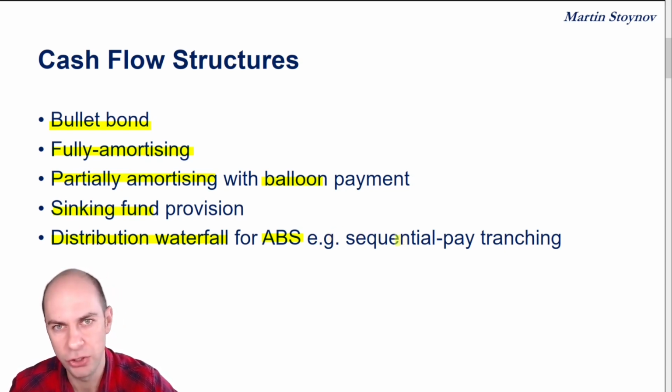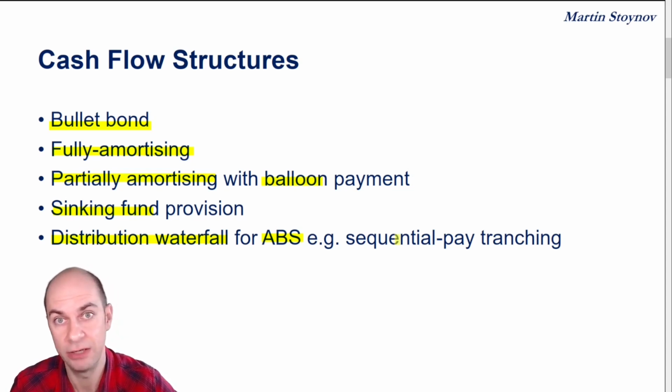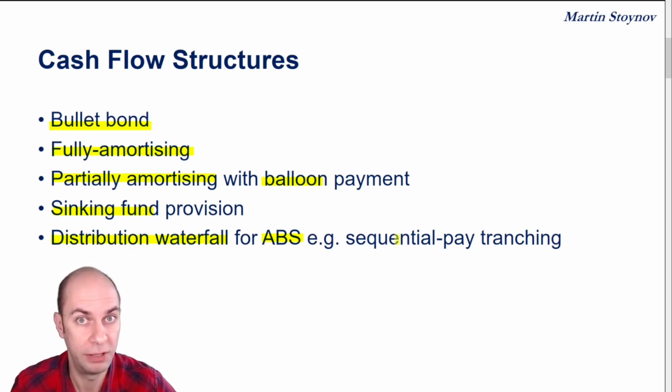I don't want to digress too much and cover that here because it's not a focal point of this reading, but in a sequential pay CDO, tranche A, or the top tranche of the structure, will have to get paid their principal before any of the lower tranches, for example, tranche B or tranche C, receive any principal amounts. The principal is being repaid sequentially from top to bottom, and that would be referred to as a distribution waterfall.